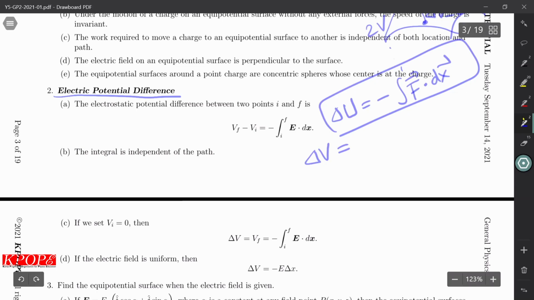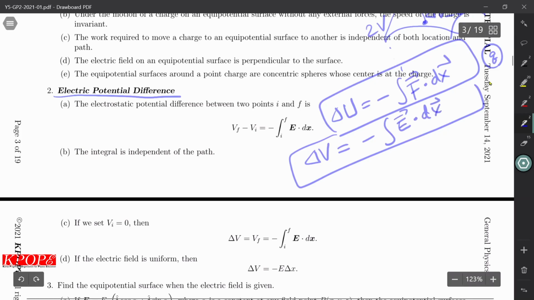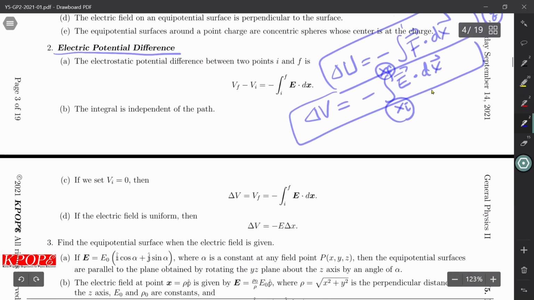So we rescale this with the charge Q, then the potential difference is minus the electric field integral from initial to final.